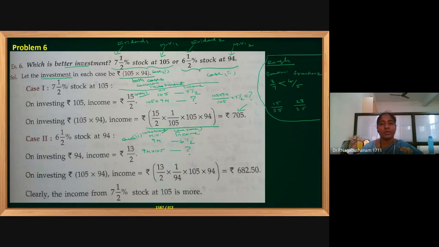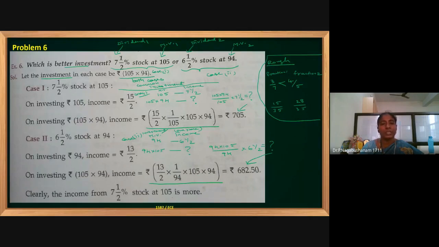How to calculate the question mark value? 94 into 105 divided by 94 into 6 1 by 2 is the question mark value, and the answer is 682.50 rupees. The same calculation is done over here. 6.5 is nothing but 13 by 2.